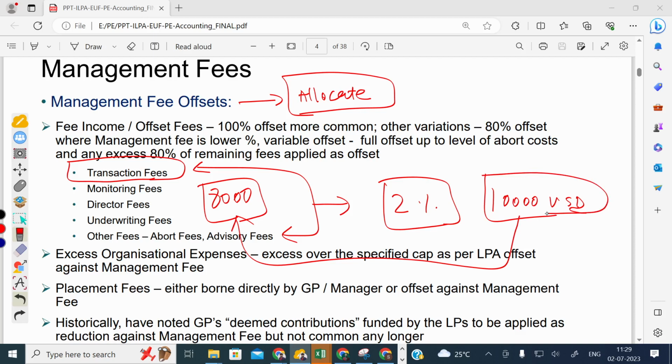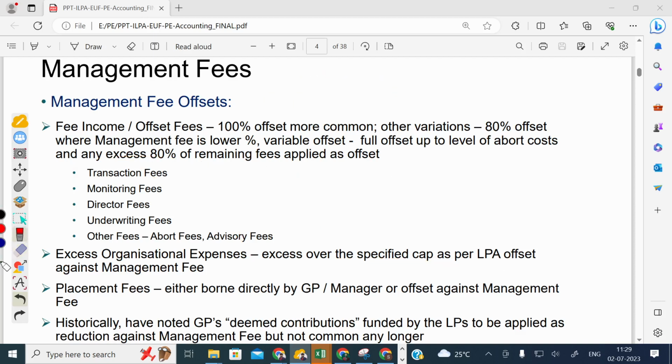If they directly paid all expenses, variable, fixed, or any expenses, they would be paid by all the partners. But instead of processing transaction, monitoring, and director fee expenses one by one, they just pay the 2%, 3%, whatever it is, as management fees, and all expenses are offset against the management fees.